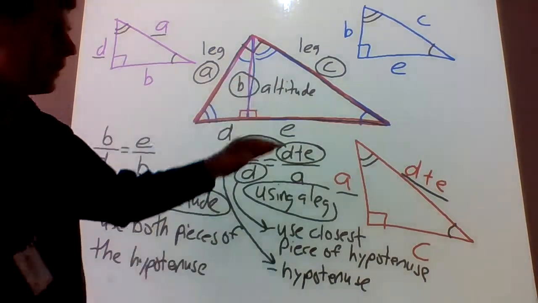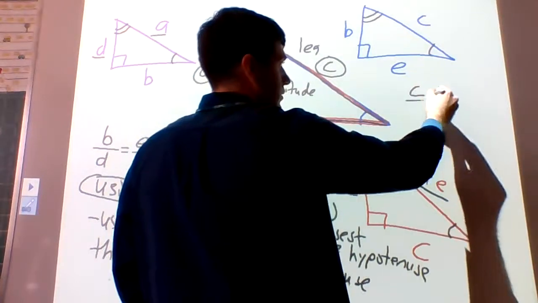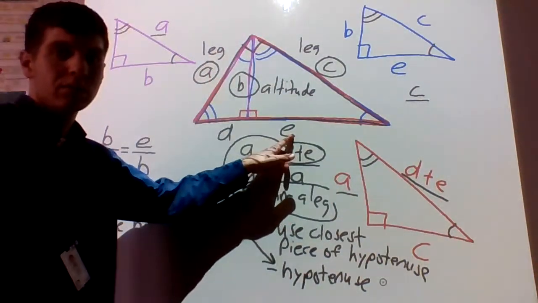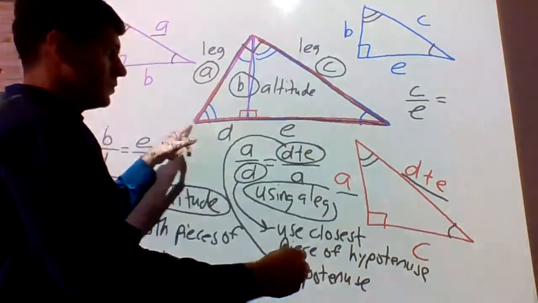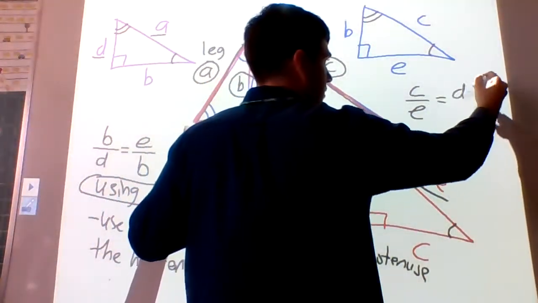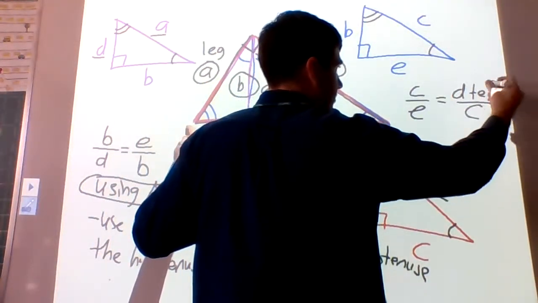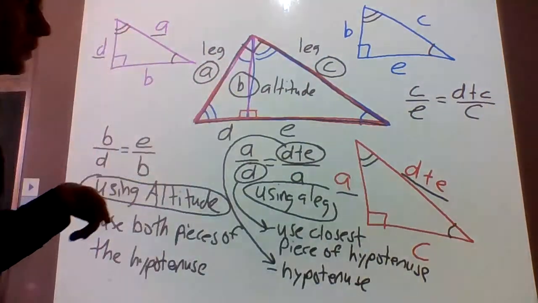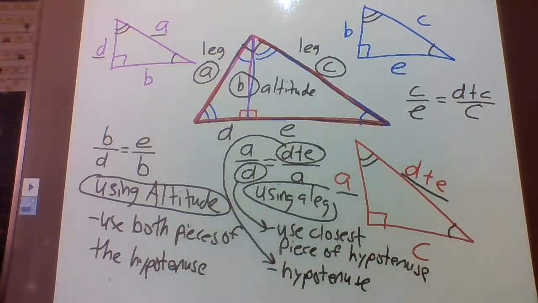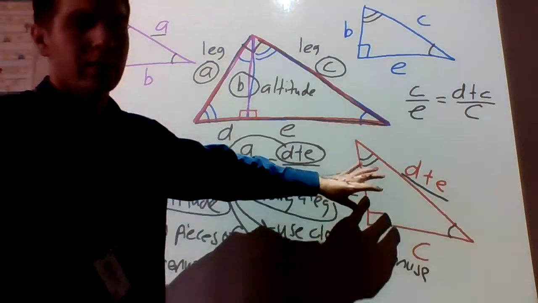And the last one, C is a leg, so it's going to be E over C. The closest piece of the hypotenuse is E. Then we're using the whole hypotenuse, so that's D plus E over C. And again, if we're struggling with that, we just have to draw out the three triangles.